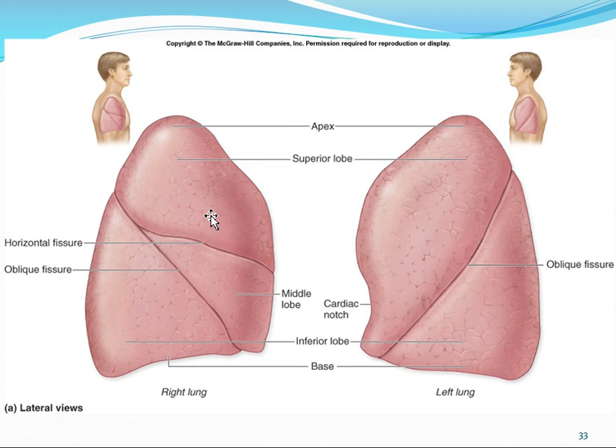Again, another diagram showing the three lobes in the right lung and the two lobes in the left lung. This is known as the oblique fissure, and this one is the horizontal because it traverses the lung in a straight line, and this one is the oblique fissure because it travels vertically, a bit downward.